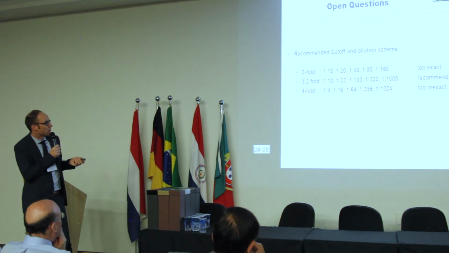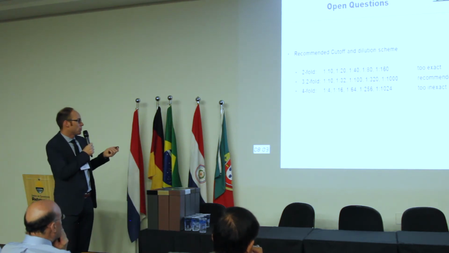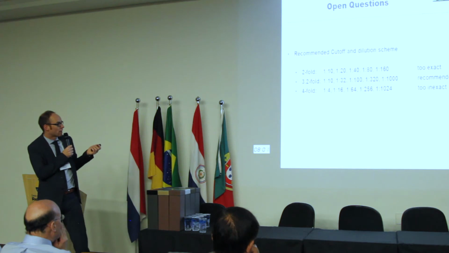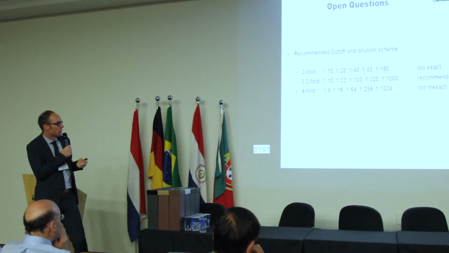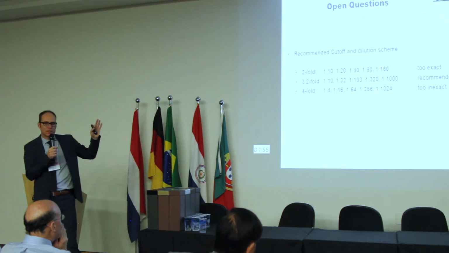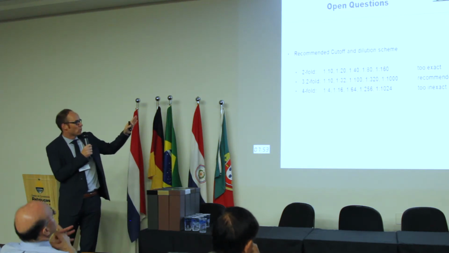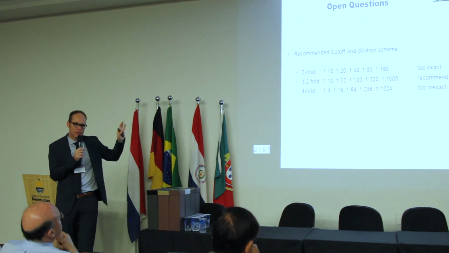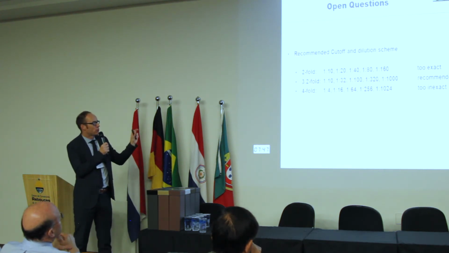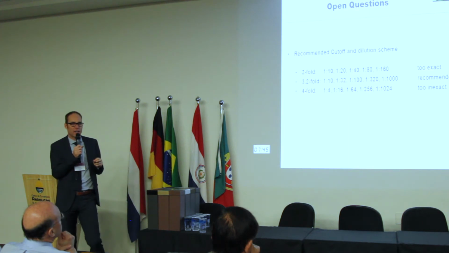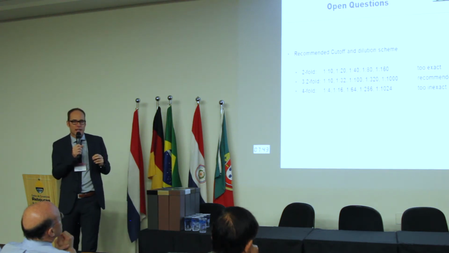So what we recommend is this 3.2-fold dilution scheme. So you have 10, 32, 100, 320, 1000, because then you are in the proper range, which is between 100 and 320. So this is the interesting range for ANA. Here you have two dilutions which clearly can indicate if a sample is positive or negative.